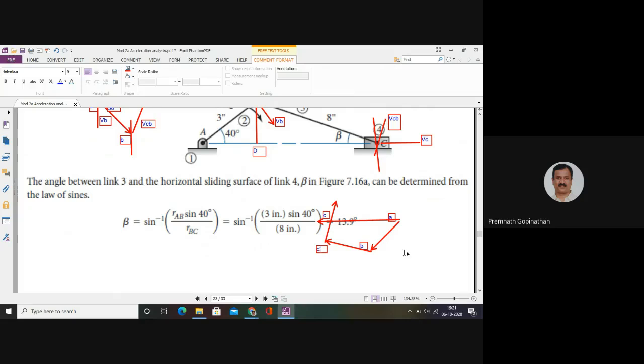This is the absolute acceleration of B, and this is the centripetal acceleration. I can write this as CA, centripetal acceleration of C with respect to B.